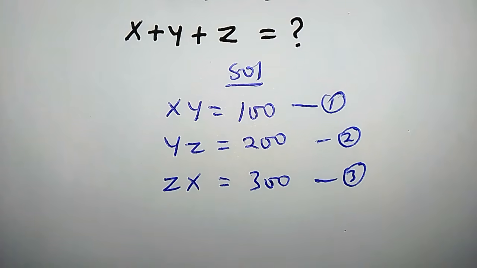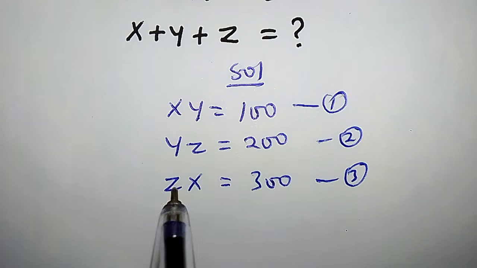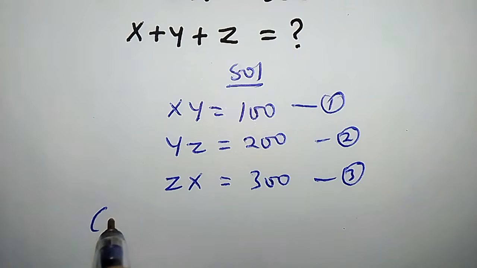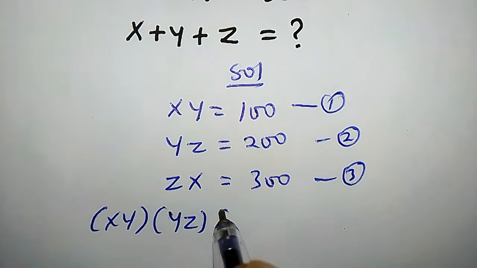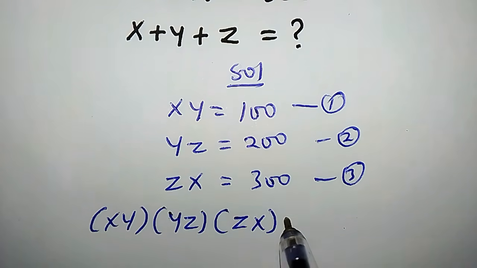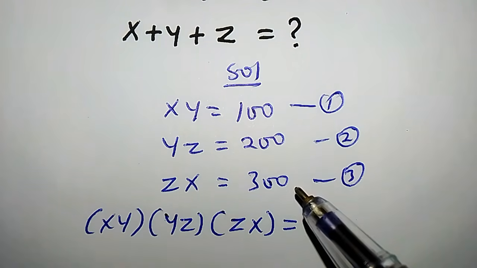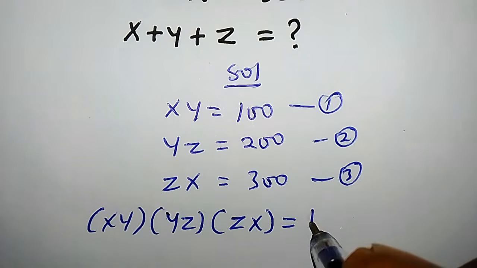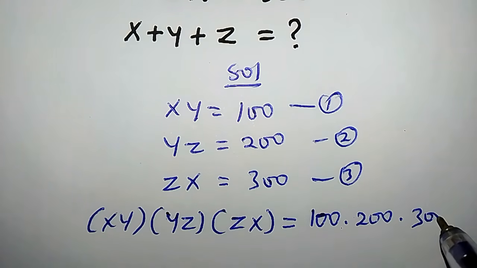The first thing we are going to do is to multiply the left hand side of equation 1 by 2 by 3. So that will be xy times yz times zx equal to, and also multiply the right hand side together. We have 100 times 200 times 300.